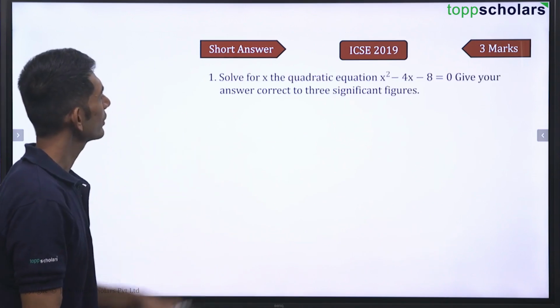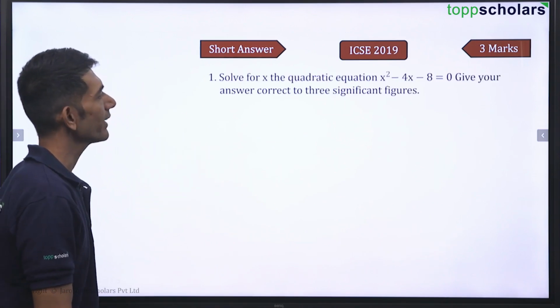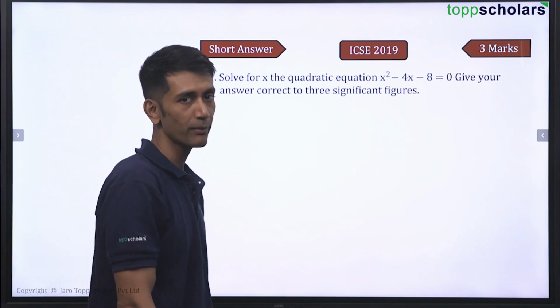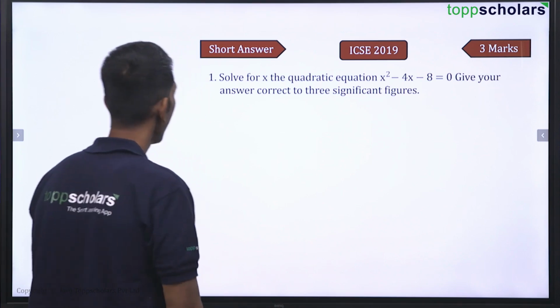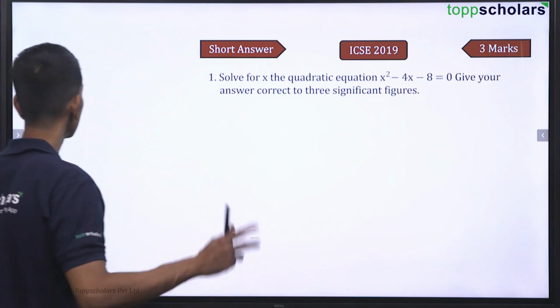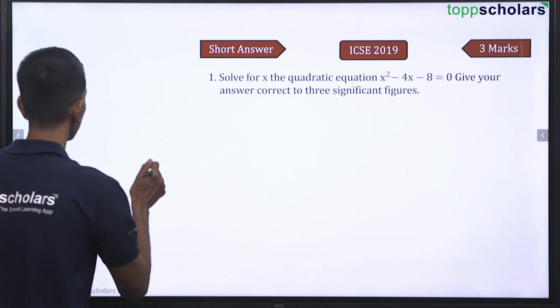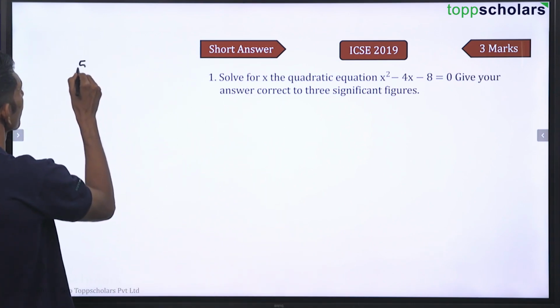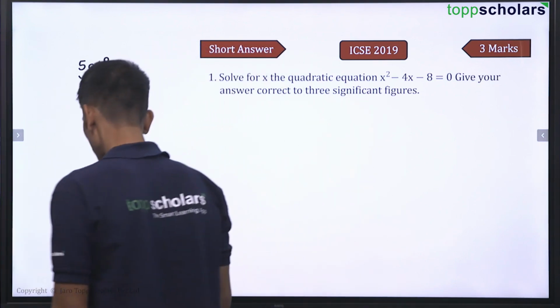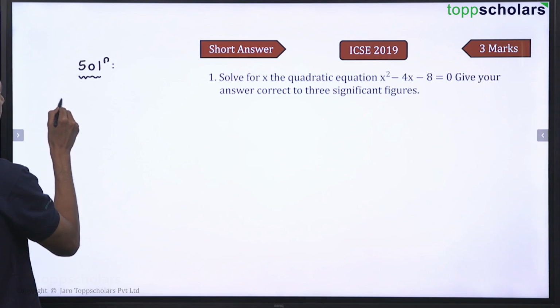Okay. So the question says solve for x the quadratic equation x square minus 4x minus 8 is equal to 0, and give your answer correct to 3 significant figures, that is 3 digits. Okay, so we have x square minus 4x minus 8.